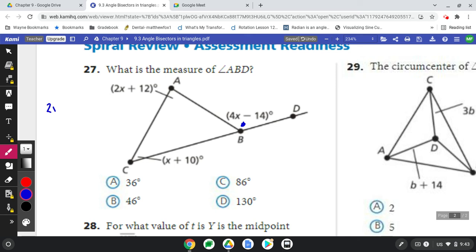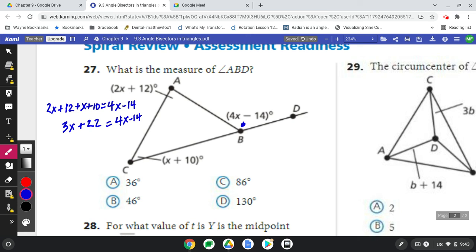So our two angles, 2x plus 12 plus x plus 10 equals 4x minus 14. We combine our like terms. 2x and x are 3x. 3x plus 22 equals 4x minus 14.